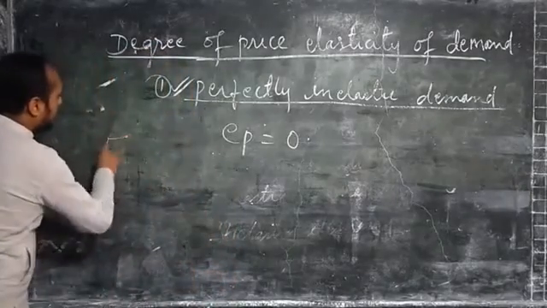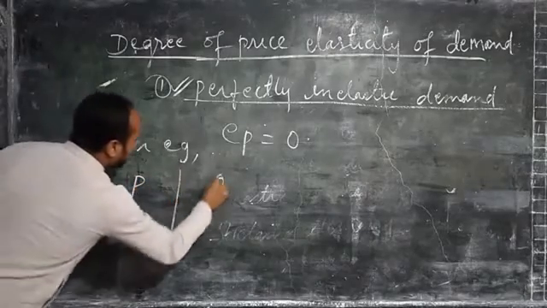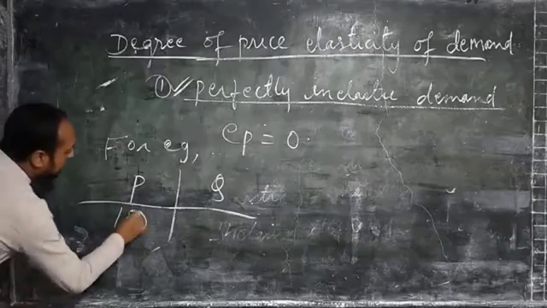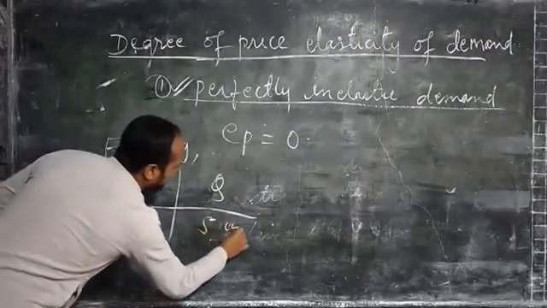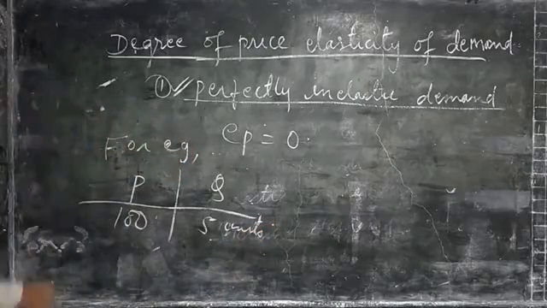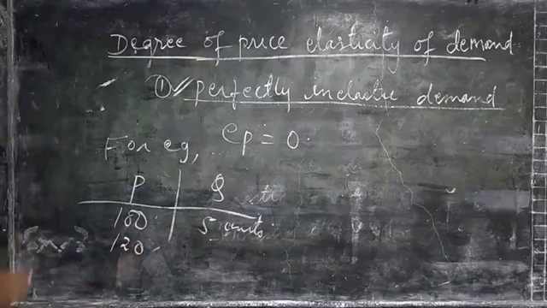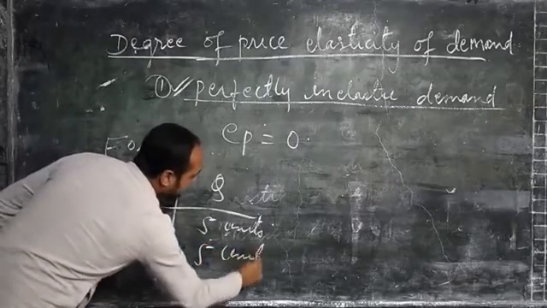For example, let's consider price and quantity. Suppose the price of a commodity is 100 rupees, and the quantity demanded is 5 units. Now, when the price of the commodity increases from 100 to 120, at that price also the quantity demanded will remain the same, that is 5 units.